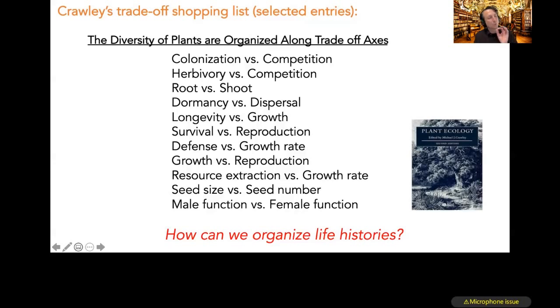But what's really interesting is that differences in the environment will then select for differences in survivorship and/or reproduction. So how can we organize all these different life histories? Well, take an ecology class, take a life histories class in order to try to make sense of these different strategies in the real world.